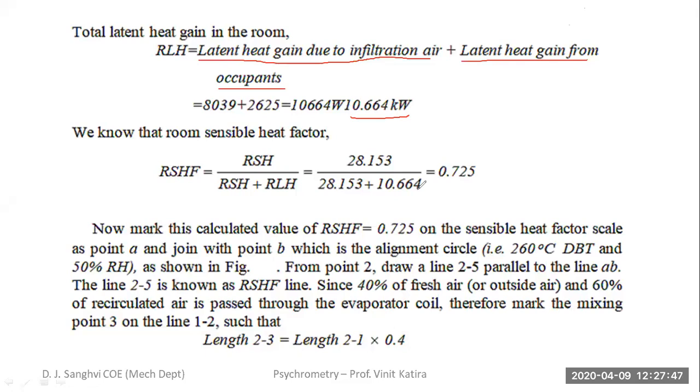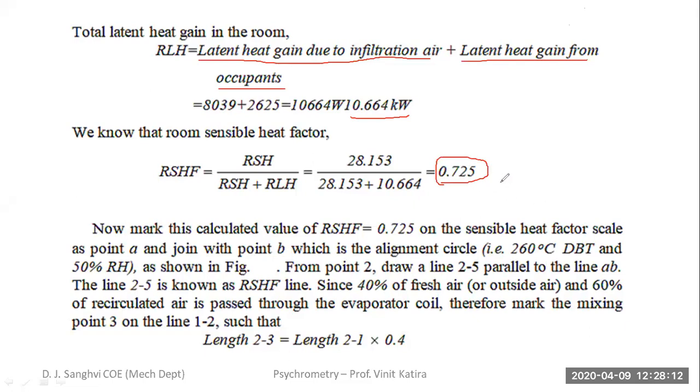Yes, sir. Okay. So now you can easily find the room sensible heat factor, which is the ratio of room sensible heat to the room total heat. That number should be coming around 0.725.